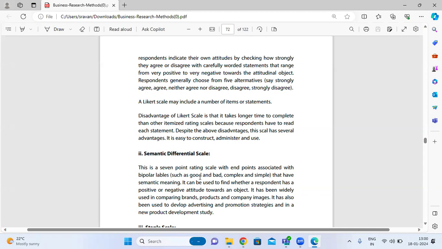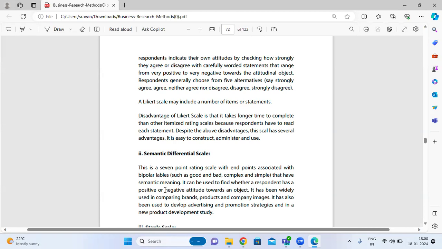It can be used to find out whether a respondent has a positive or negative attitude towards an objective.